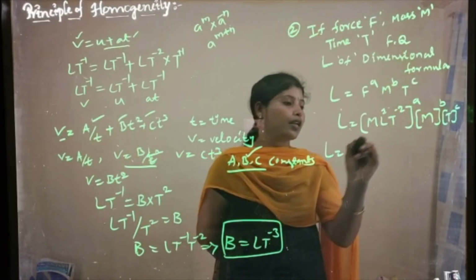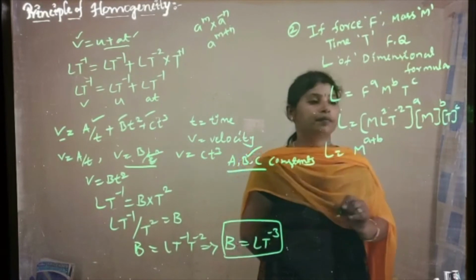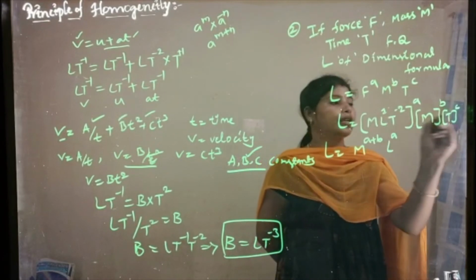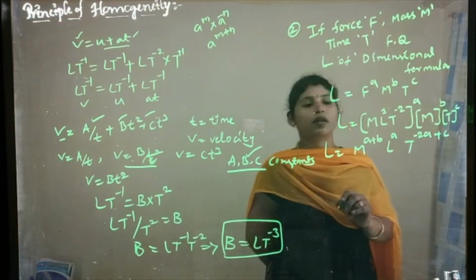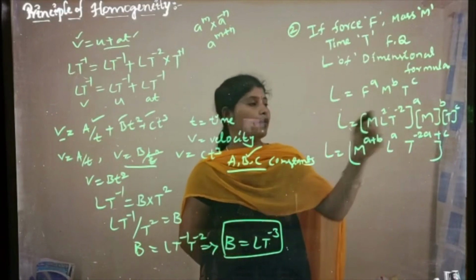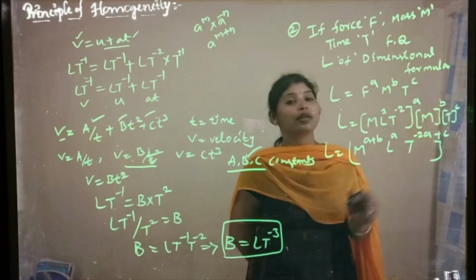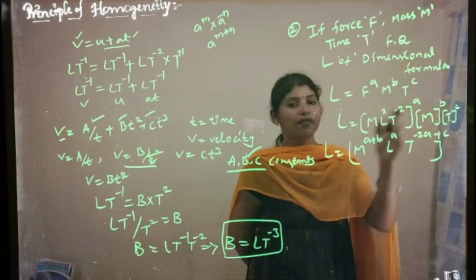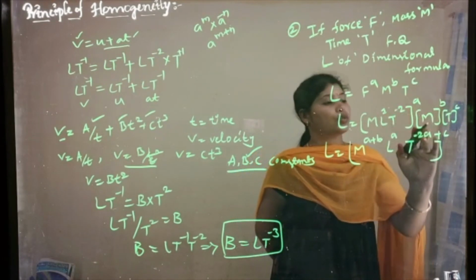Then L equals M power a plus b, L power a, and T power minus 2a plus c. We have to equate the powers of these dimensions. Mass has power a and power b, so we equate them. L has only power a, and T has minus 2 into a, minus 2a plus T power c.